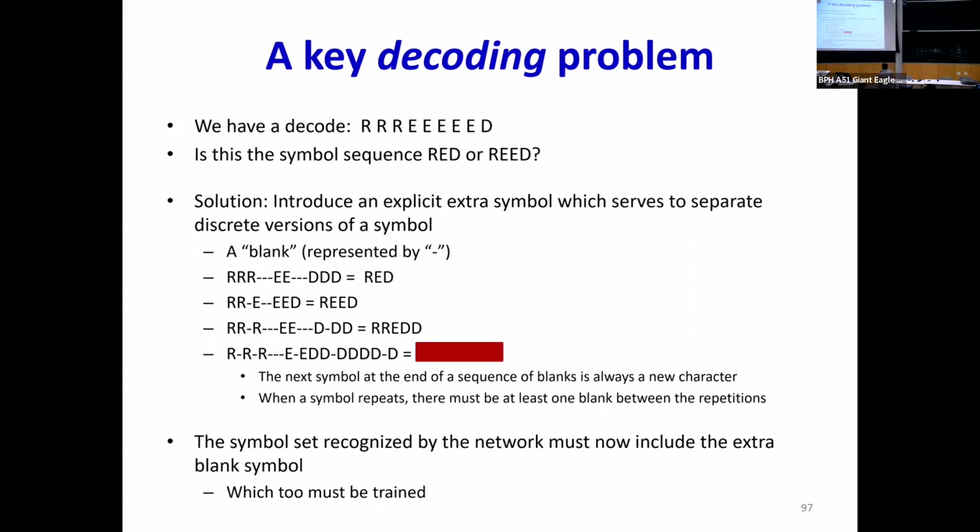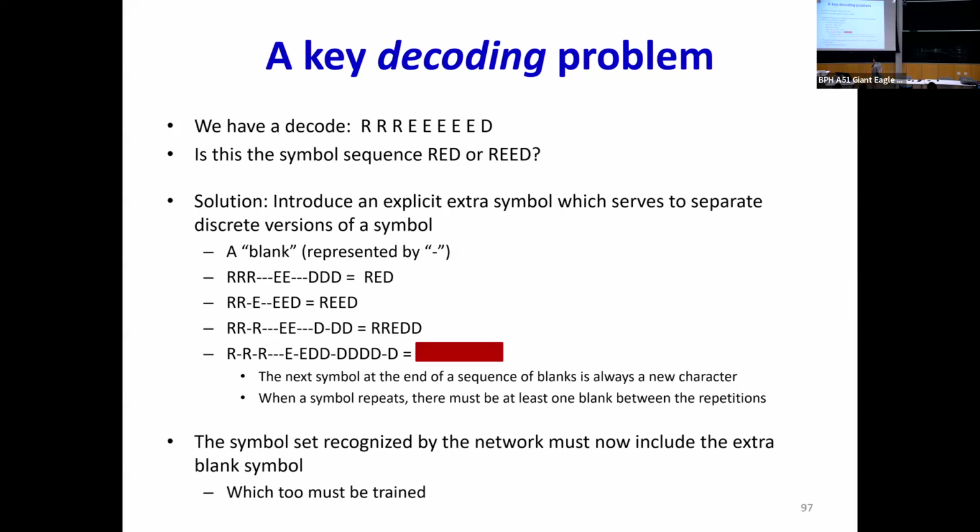Or this one over here: 2 R's, blank, E, 2 blanks, double E and D. If I compress it, it's going to become R blank E blank E D. The blanks are not seen, so you're going to see REED. Similarly, this one over here: 2 R's, a blank, R, 3 blanks, 2 E's, 3 blanks, D, blank, DD. If I compress it, all the repetitions are going to go away.